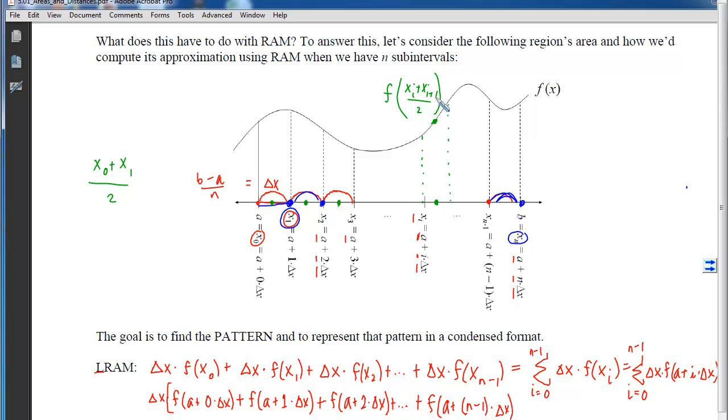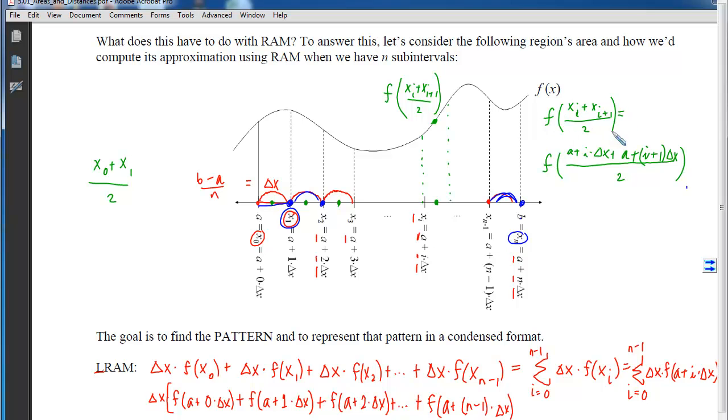Now this works great as long as we're looking for the pattern, but if we actually want to compute it, we need to rewrite x sub i and x sub i plus 1 in terms of delta x and a. So that x sub i plus x sub i plus 1 over 2 is going to be the same as a plus i of those delta x's plus a plus i plus 1 of those delta x's, all over 2, and that will be what's plugged into the function.